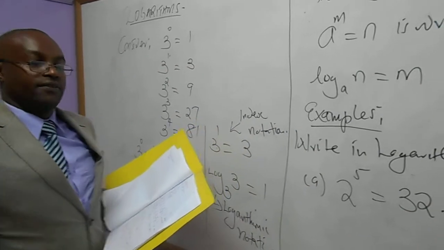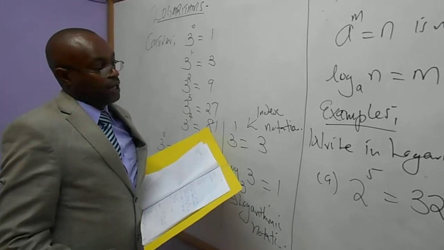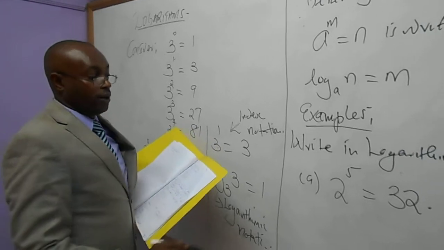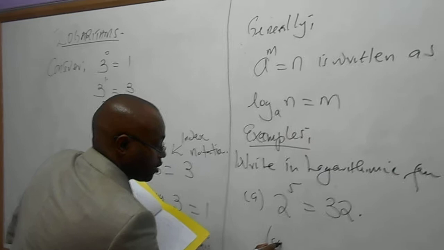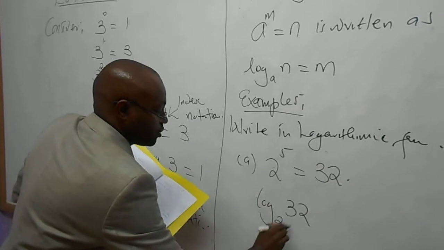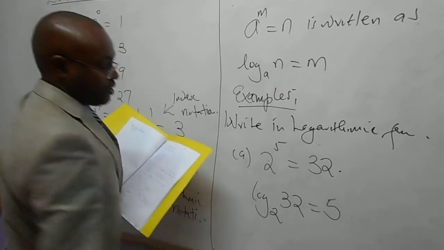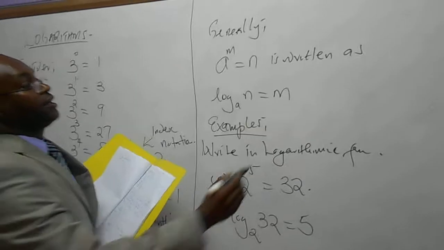So how do we write this in logarithmic form? I hope you are trying it out on your own and you can confirm your answer. This will be log 32 to base 2 is equal to 5. So if you wrote it that way, then you are very correct.